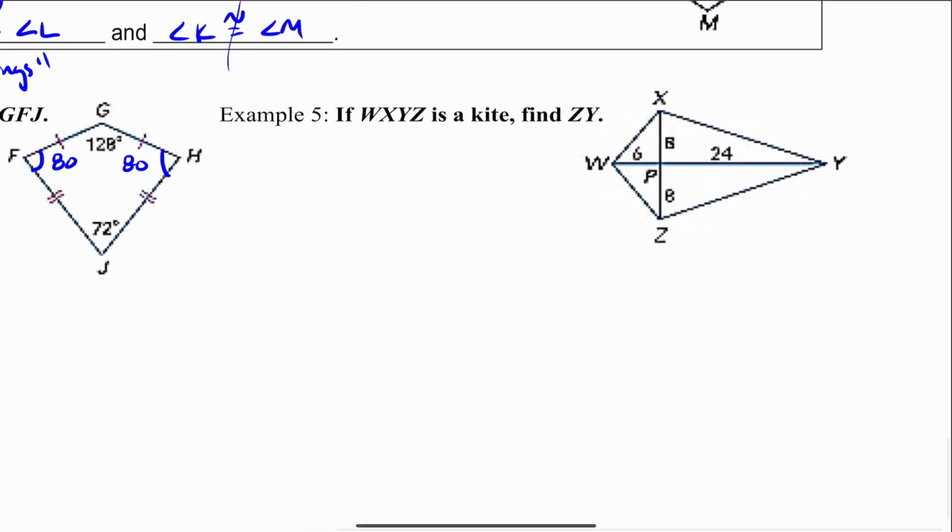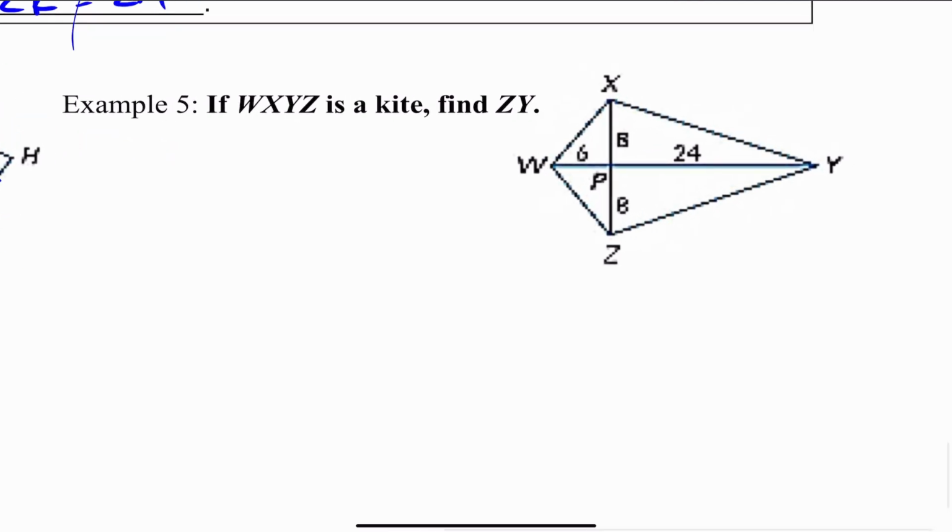Example number 5, if WXYZ is a kite, find ZY. Well, I'm trying to figure out what ZY is. But know that in a kite, the diagonals are perpendicular.